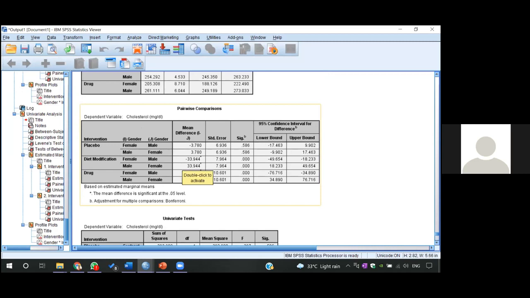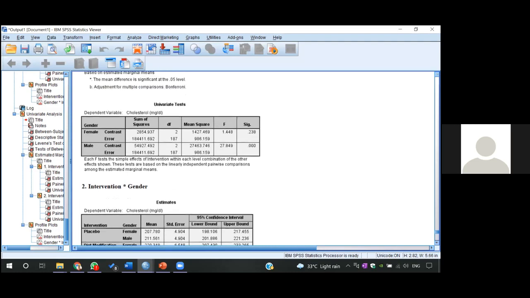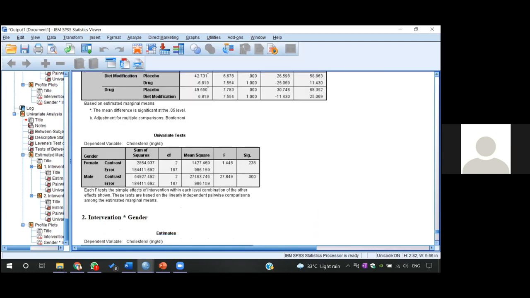If you have understood up till this point, then I think any other confusion? I've told you initially that it will look a bit complicated to you because of the syntax command and because of that interaction effect present or not present, whether you should report simple main effect or main effect, or the pairwise comparison, because there are two pairwise comparisons. So you might find it a bit complicated initially, but with repetition, it should be okay for you.